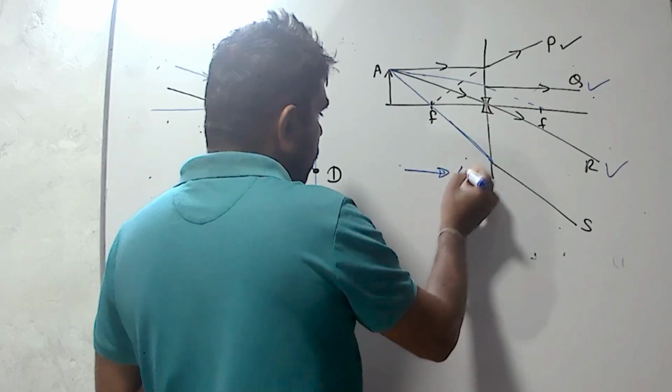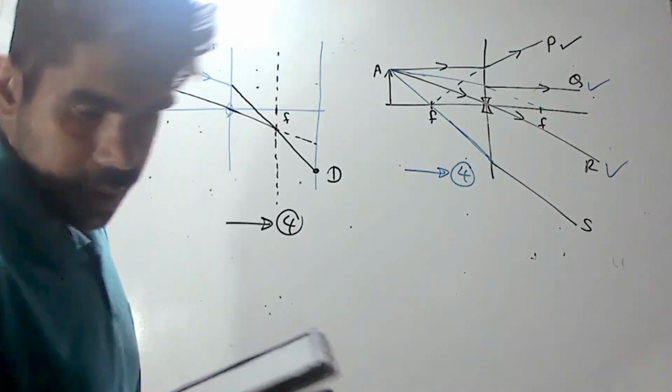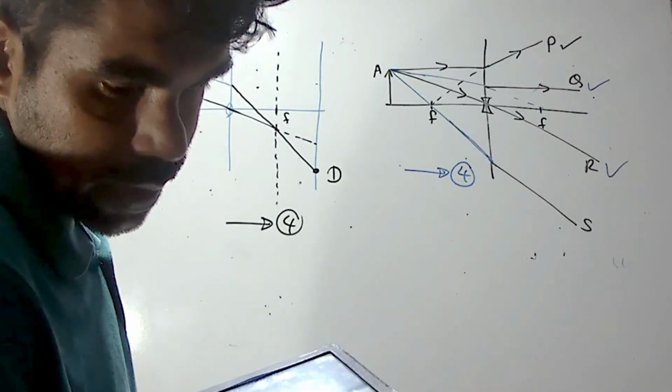Answer is fourth one. Which one of the rays drawn in the figure is not correct? We can consider given rays by using the same method.